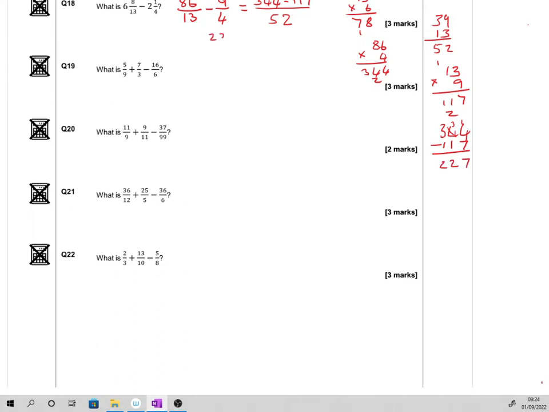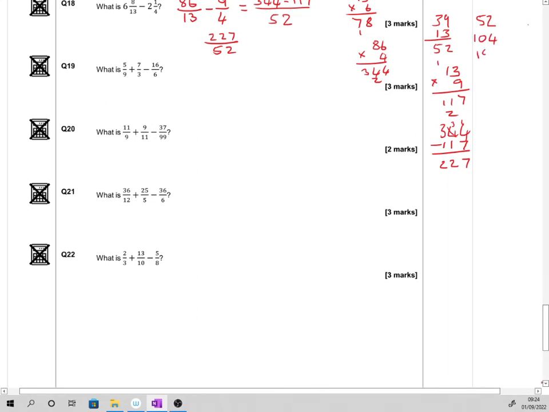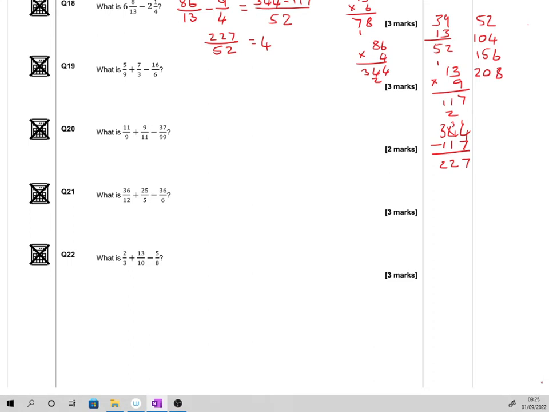So I've got 227 over 52. Right, 52. 52, add another 52 is 104. 156, get in there, 208. So that's going to equal 4. 208, we need 9 to make it 217, 19 over 52. All these are getting complicated.